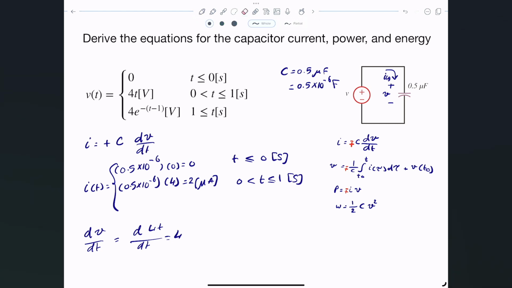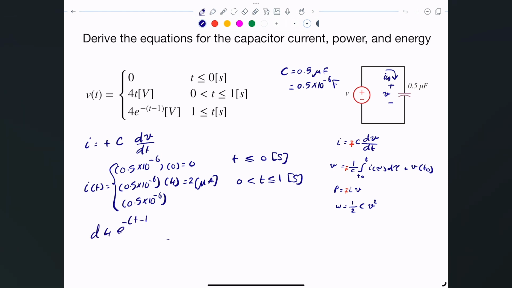All right, so that leaves us with the last one, which tells me that you have to multiply C, which is 0.5 times 10 to the negative 6, times the derivative of 4e to the negative (t minus 1) in terms of time. The way we do that is the derivative of 4e to the negative (t minus 1) is simply negative 4e to the negative (t minus 1).